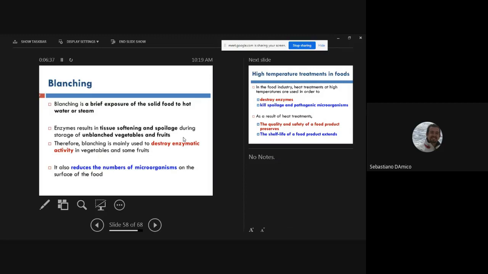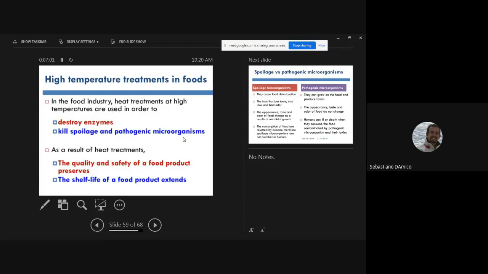So by this process, we destroy enzymatic activity in vegetables and fruits. This will reduce the number of microorganisms on the surface of the food and help the food stay longer. The same, but a little bit more extreme, is the high temperature treatment of food.